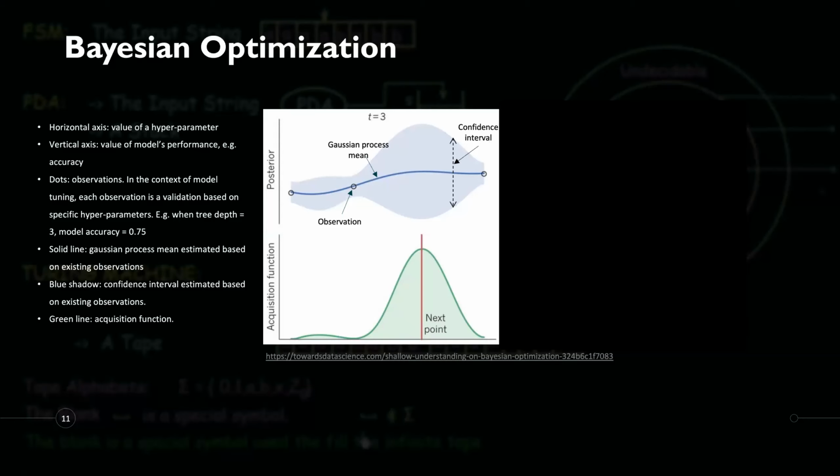So the confidence interval becomes much narrower around a known observation.